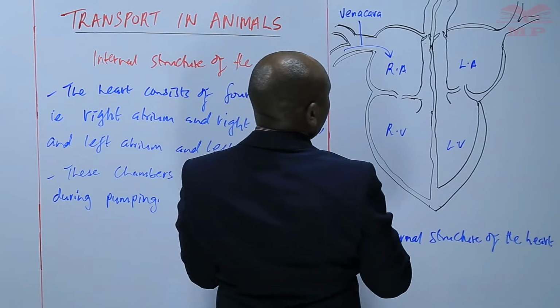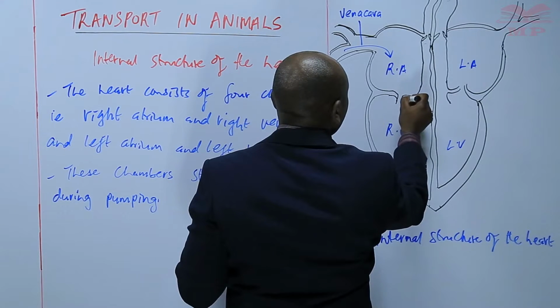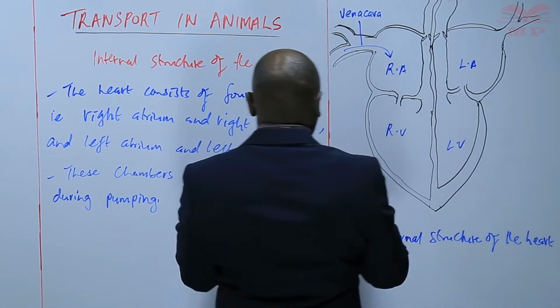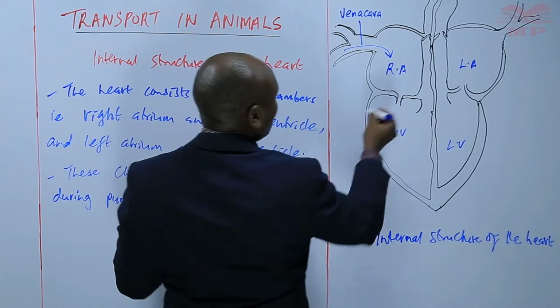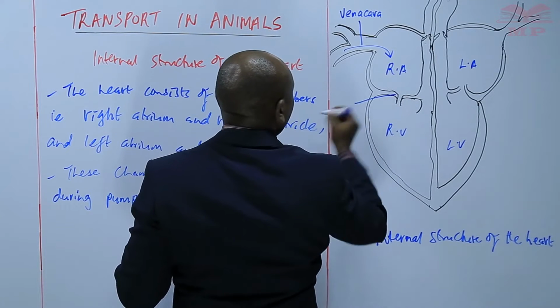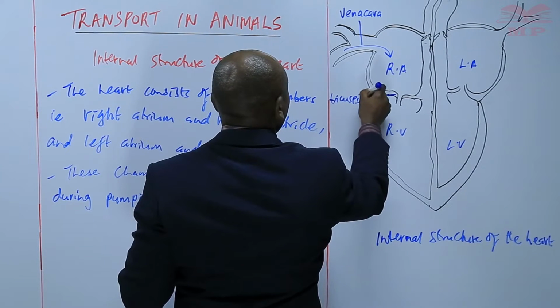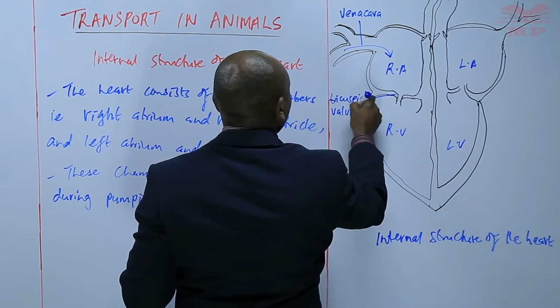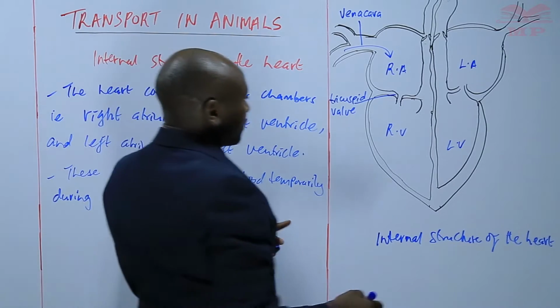We also have this valve here that separates the right atrium and the right ventricle. We refer to this as the tricuspid valve. It connects the right atrium and the right ventricle.